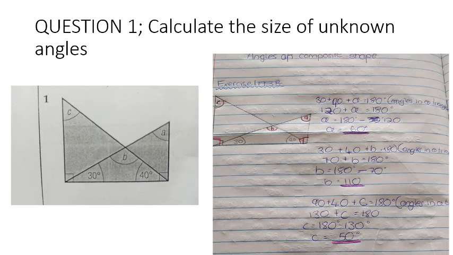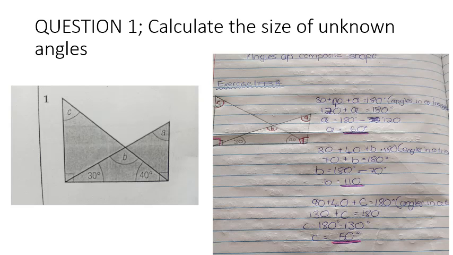So 30 plus 40, the answer is 70, plus B is equal to 180 degrees. For us to find the value of B, we are going to subtract 70 from 180 degrees. So the answer is 110 degrees. That is the size of angle B.